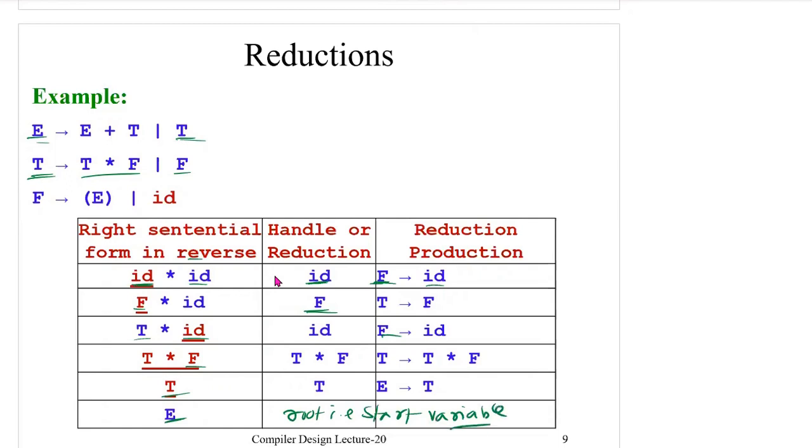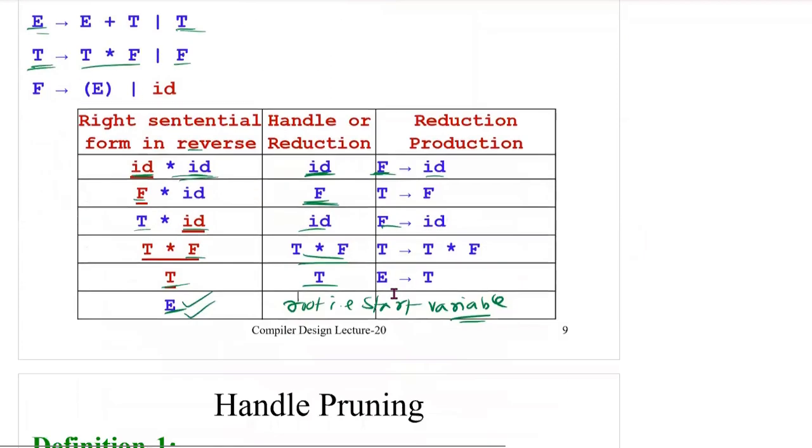Therefore, whenever for the given string we can derive the root or starting variable, then we can say the string we have taken is accepted by the bottom-up parser. Every time whatever symbols are reduced, those sentential forms in the right sentential form are called a handle or reduction.